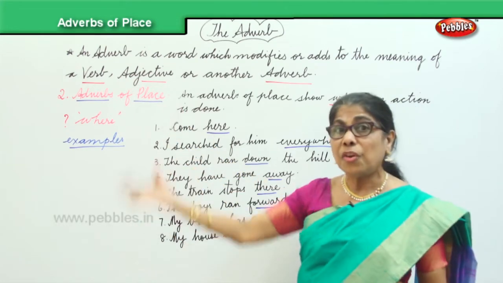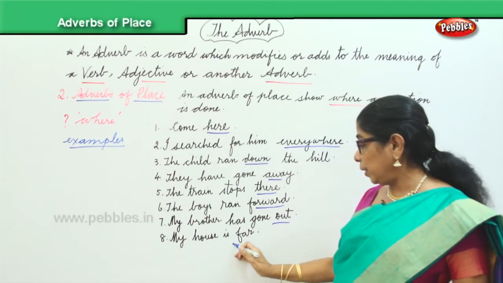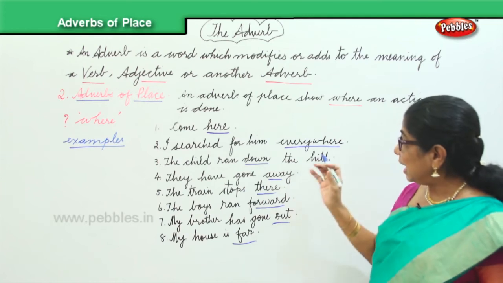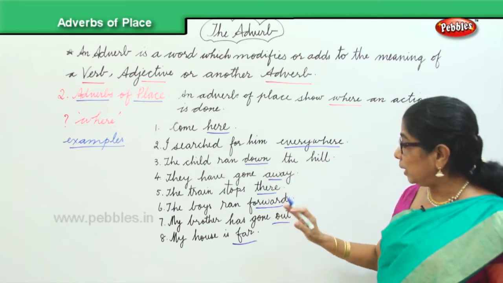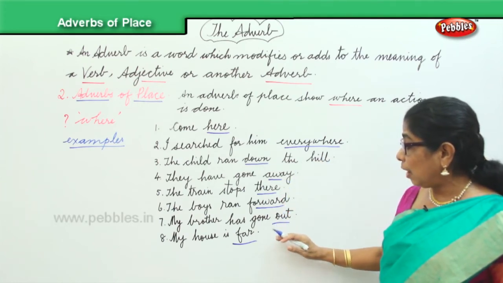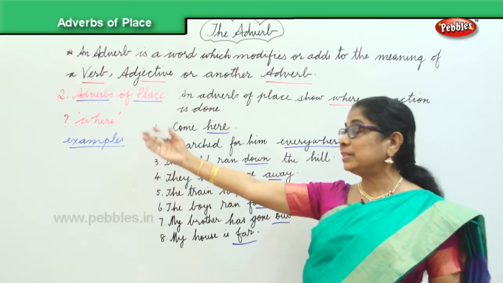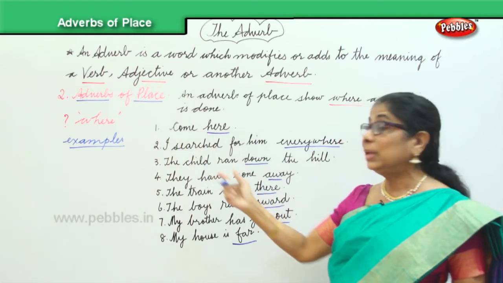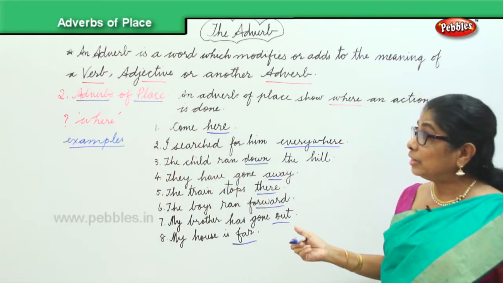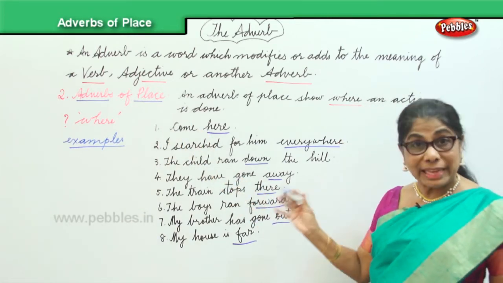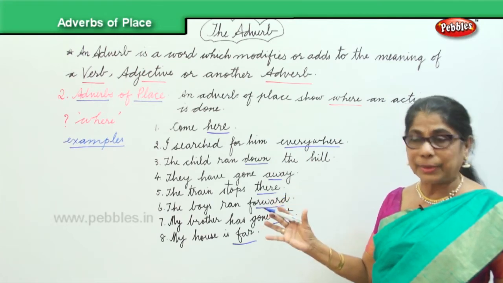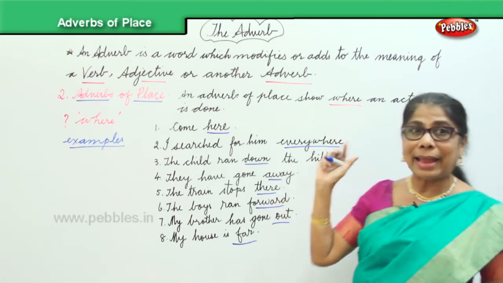Where's your house? Far away. So the words everywhere, down, away, there, forward, out, far all answer the question where. So we know these are adverbs of place. Where shows where an action is done.